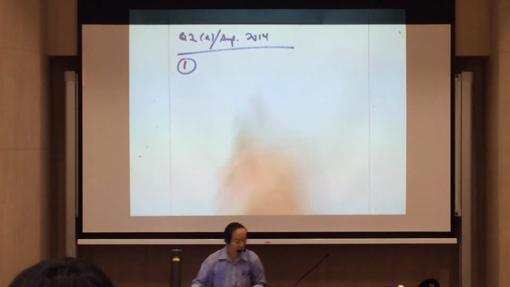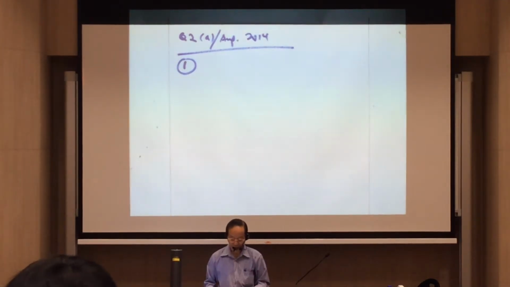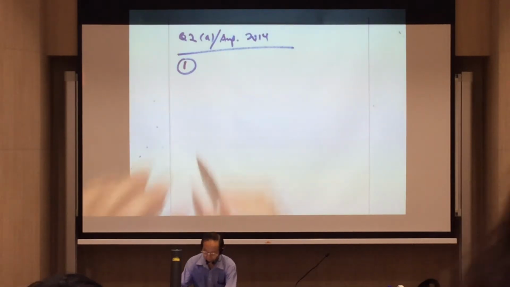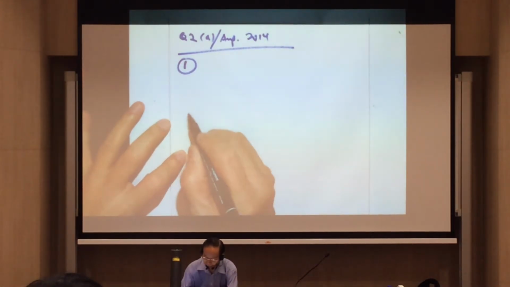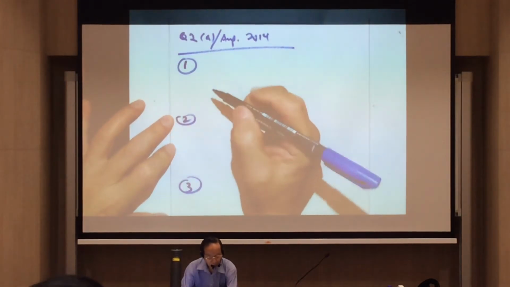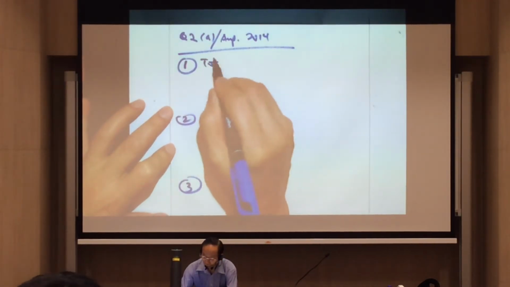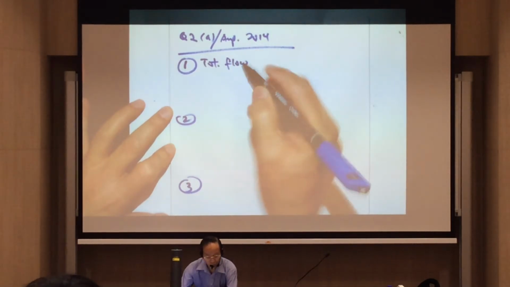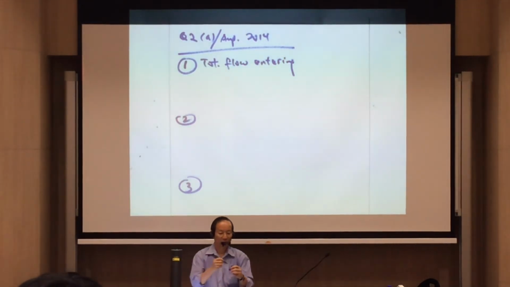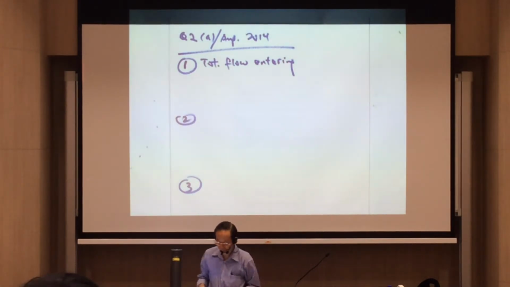So if you have, for example, that particular question there, let's go 1, 2, and 3. 1 is actually the total flow.